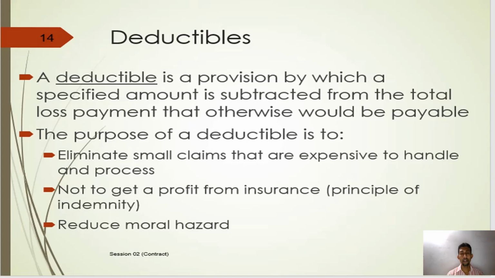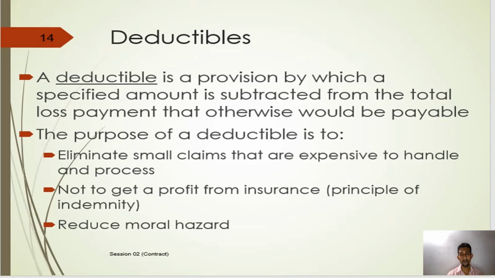For example, sometimes when you take a motor insurance policy, they specifically say that when you meet with an accident, the rubber items will not be given the full percentage of cover. They'll be giving only a certain percentage of the value of the asset.